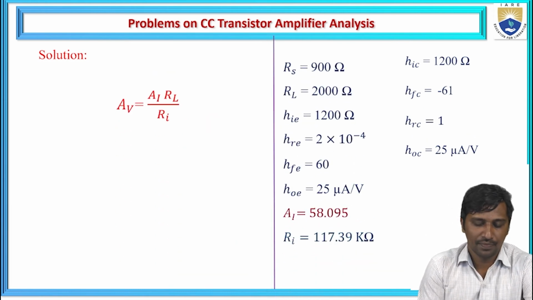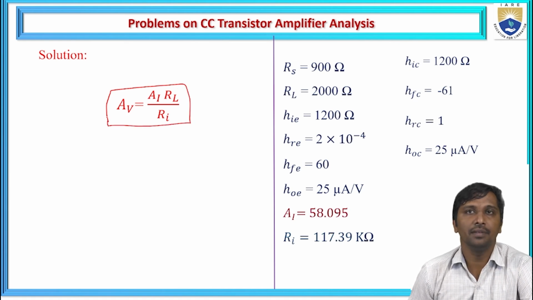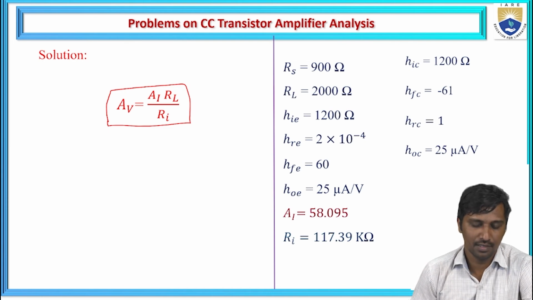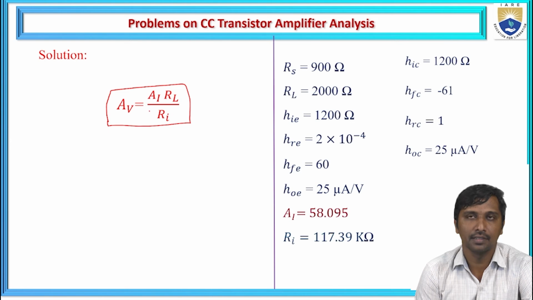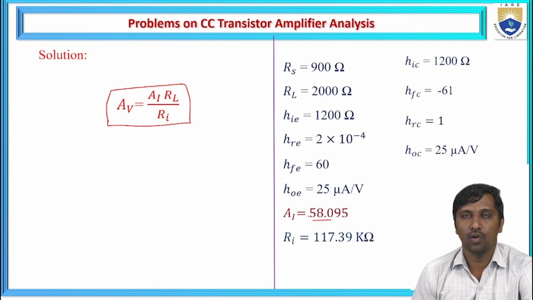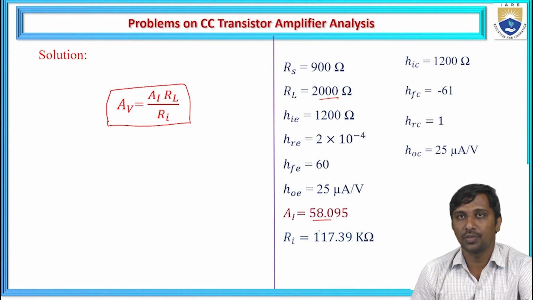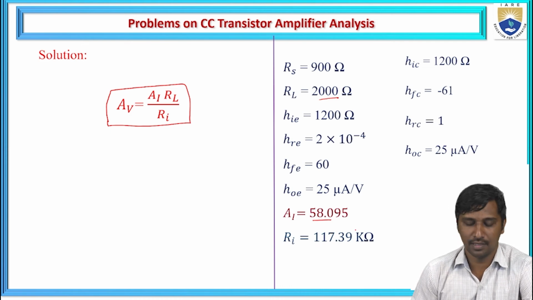Now similar to that, we need to calculate the voltage gain of the common collector amplifier. Based on this small signal model analysis, the voltage gain is represented as AI times RL by Ri. Here AI is 58.095, RL is given as 2000 ohms, and Ri, we observed, is 117.39 kilo ohms.